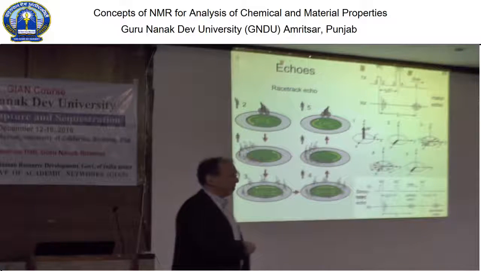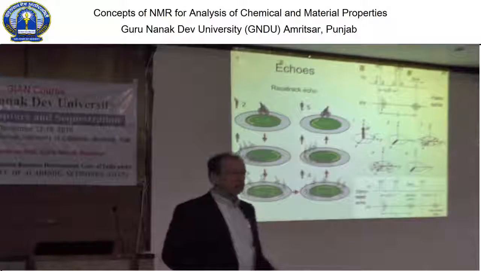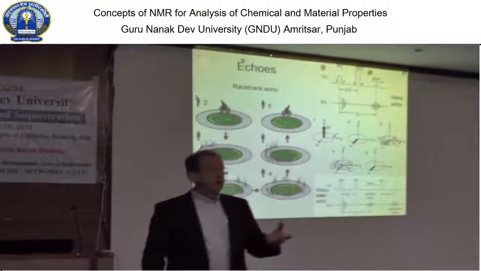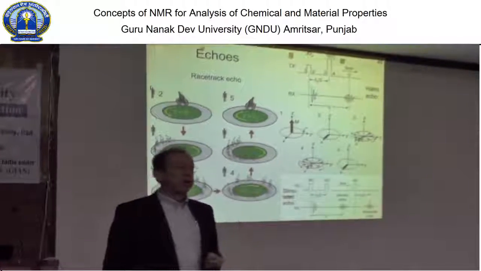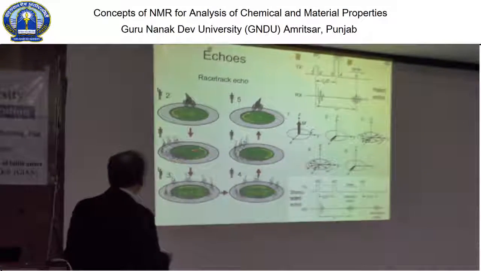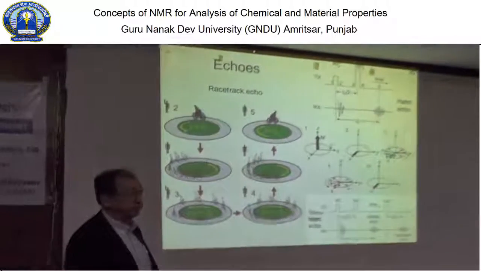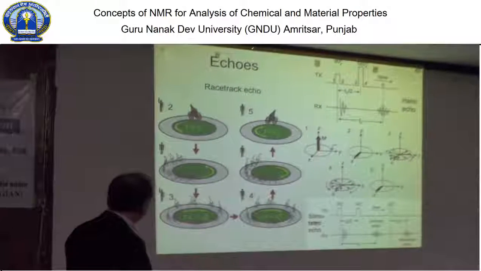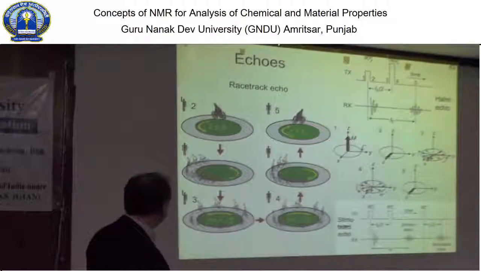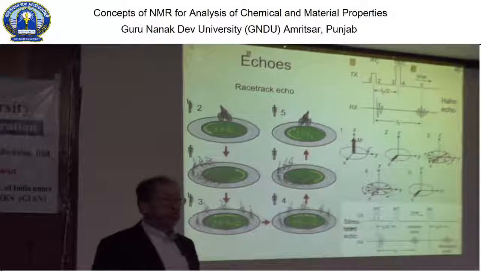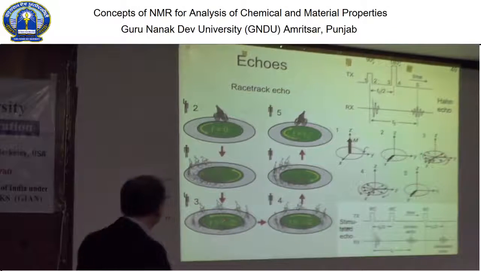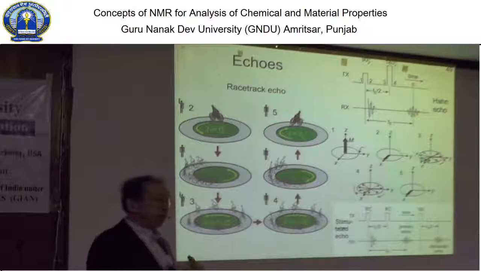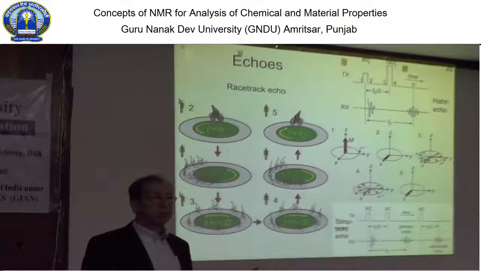Some go faster, because let's say they are the aromatics, they have a higher frequency. Or they sit in a part of the sample tube where the magnetic field is slightly higher, so their frequency is higher. And the aliphatics are the slow guys. Okay, so they go slow. And then after a while they spread around the circle, and the sum magnetization is 0. The vector sum of all the components from the center to the bicycle riders is 0. So it means your NMR signal has disappeared, you don't see it anymore.